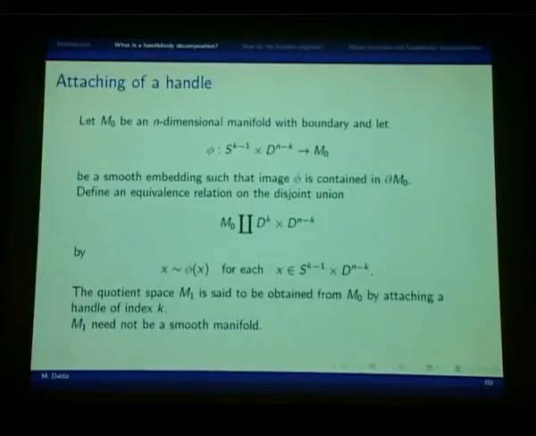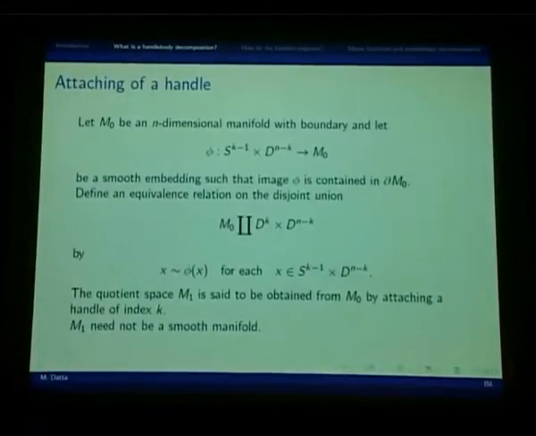Then we consider the disjoint union of M0 and D^k × D^(n-k). We define an equivalence relation on this. I identify the points x with phi(x). So x is coming from S^(k-1) × D^(n-k), that means sphere cross a ball, and phi(x) is a point in M0. I am identifying them.